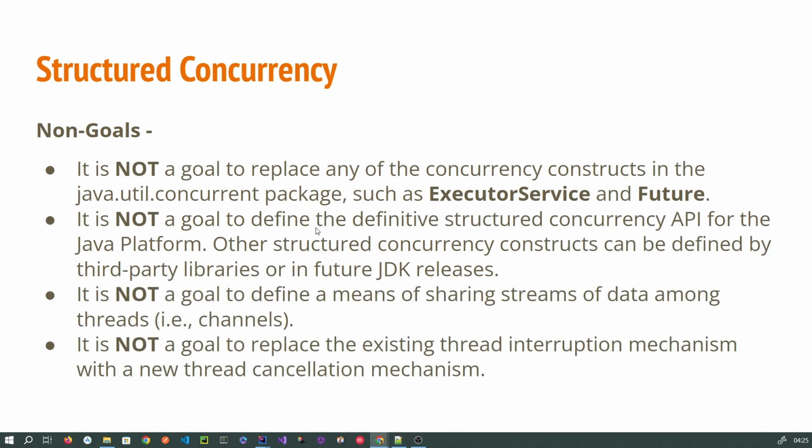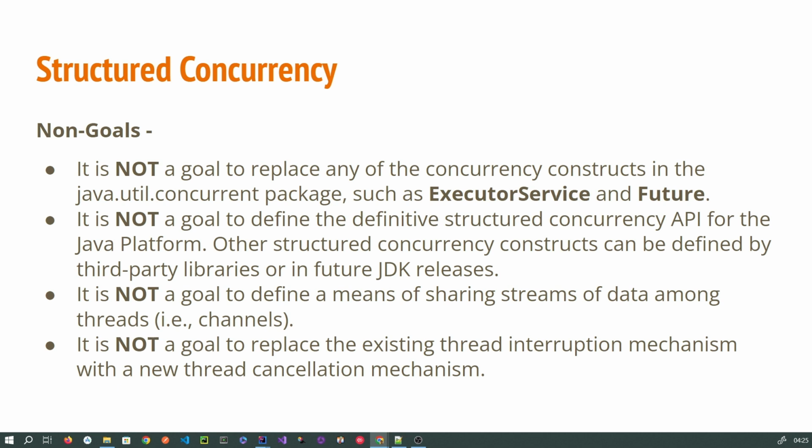What structured concurrency is not trying to do: it's not a goal to replace any of the concurrency constructs in the current java.util.concurrent package, such as ExecutorService and Future. These services and futures are going to be there. Executors will be there. They are not going to change.